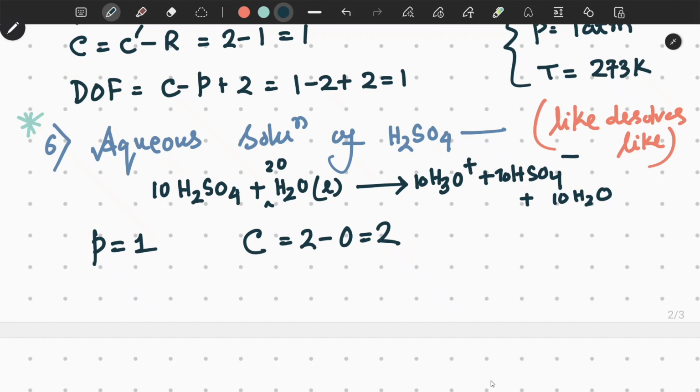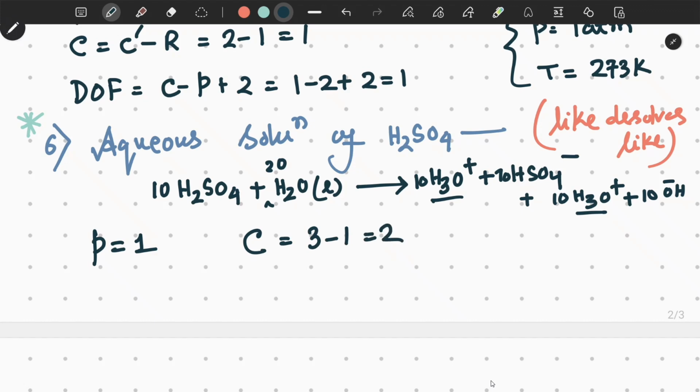If 10 H2O is there, just identify, then how many components are there? Three. So that means essentially here the components will be 3. Three minus one, two.